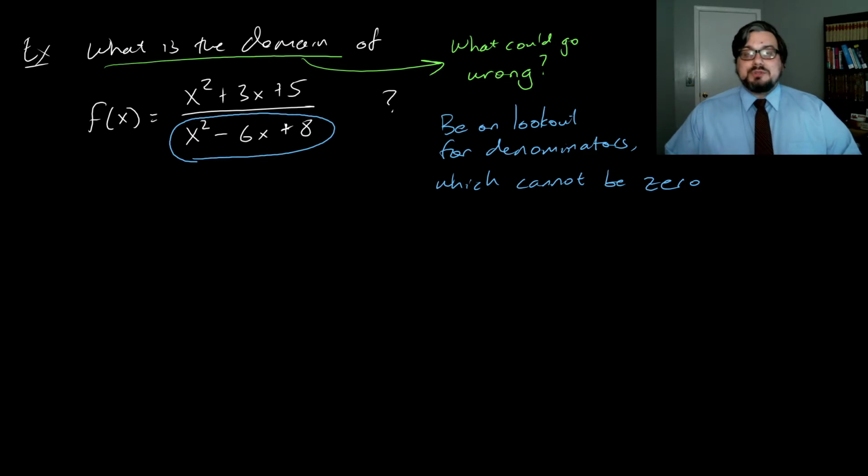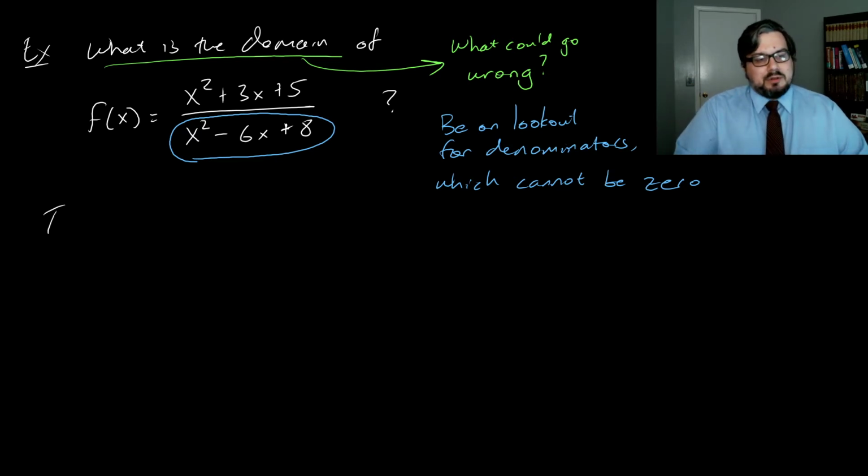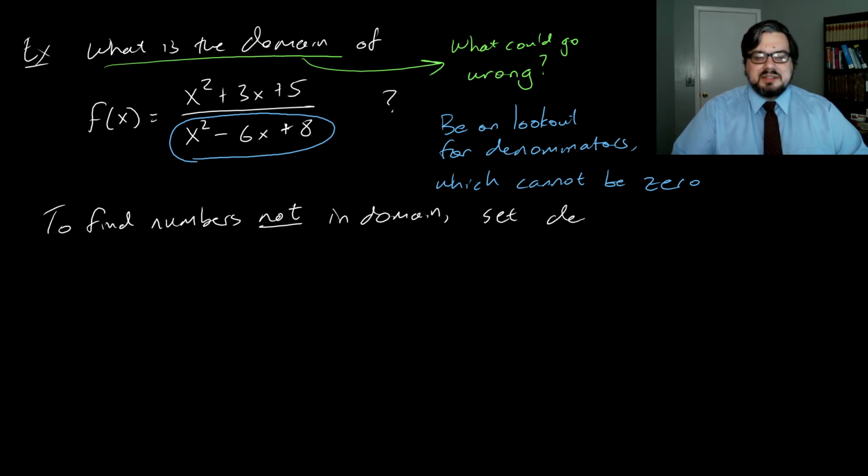How do we find these numbers? By setting the denominator equal to 0 and seeing what would cause us problems. So, to find the numbers that are not in the domain, set the denominator equal to 0 and solve.